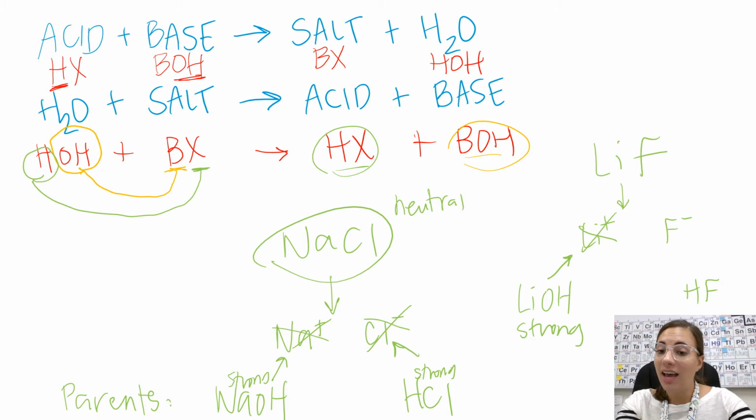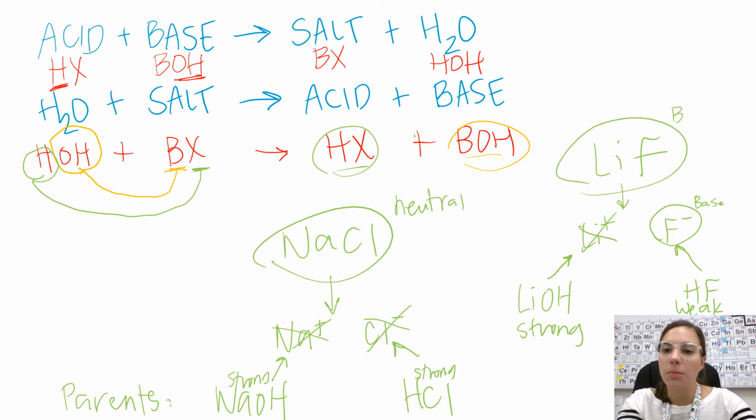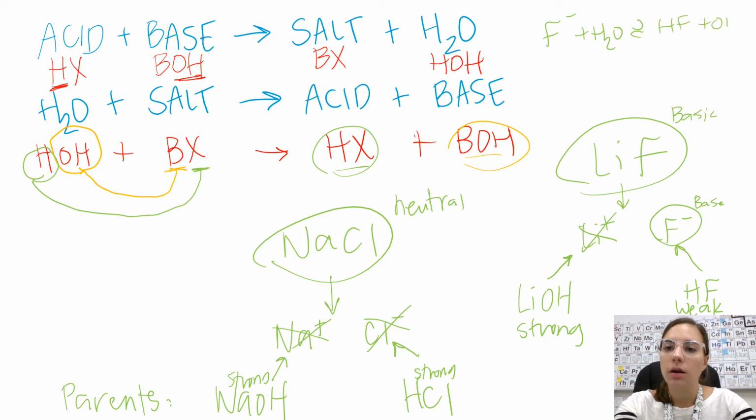But HF, it's a tricky one, but remember HF is a weak acid. So that means that its conjugate base is stronger than water. And so that makes this whole salt basic, because this fluorine, being stronger than water, will be able to take a hydrogen from water, which creates hydroxide, which is what makes it basic.